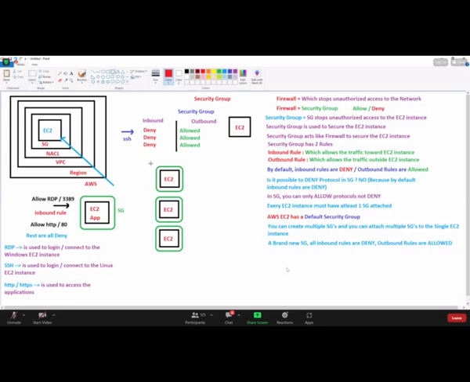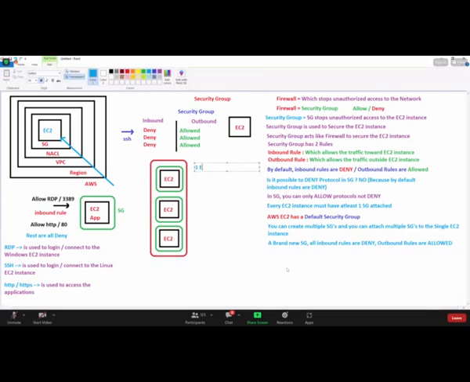And can we have a single security group for all also? Possible. So one EC2 instance can have many security groups attached, and one security group can be attached to many EC2s.